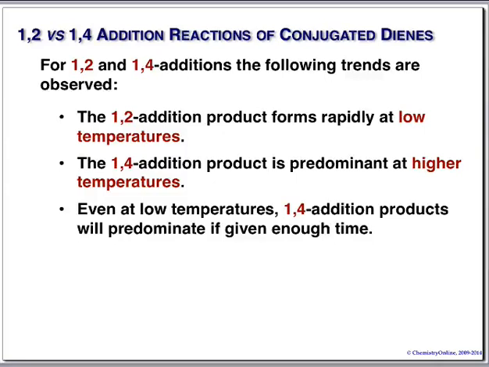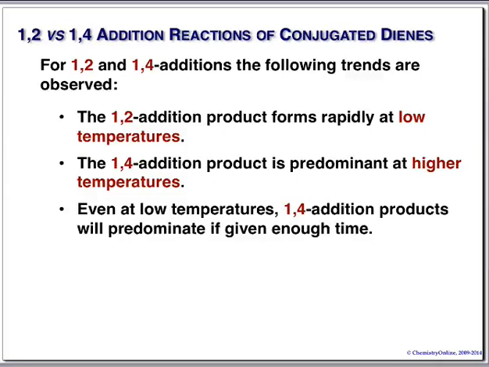Now what this tells us is that the formation of 1,2 is faster. That is, it has a lower activation energy. So this requires more energy to react. What this tells us is that the 1,4 is a more stable product.